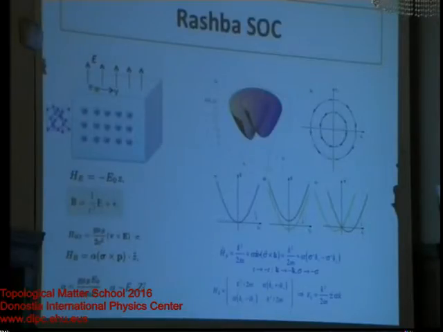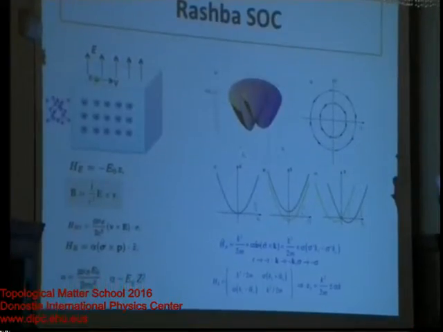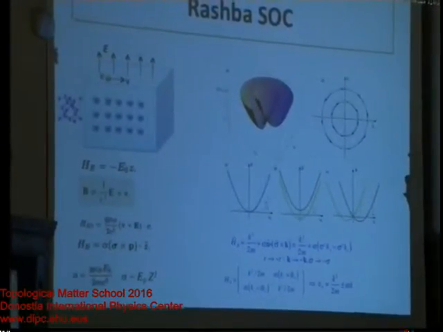Then, interesting is this Fermi surface. What is the Fermi surface? It is simply like you cut at this energy, you make a cut. And then what you will get is two rings surrounding the center of the gamma point from two bands. Actually, in these two bands you will see the spin vortex.